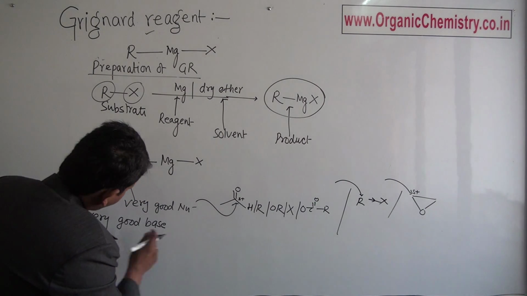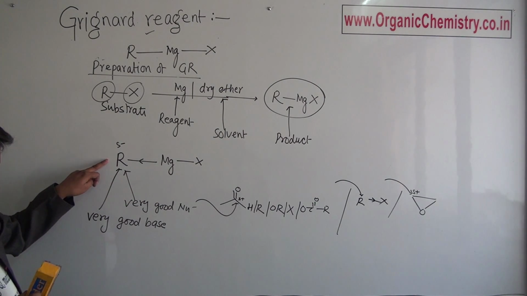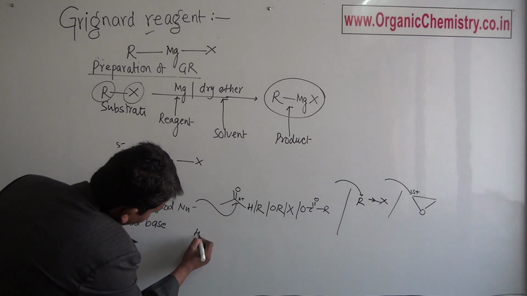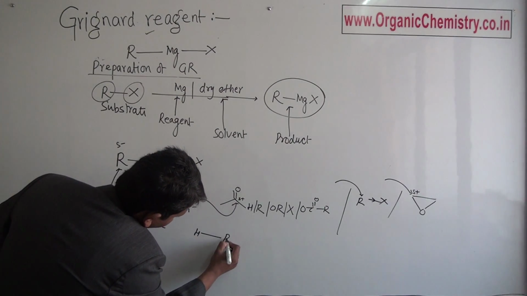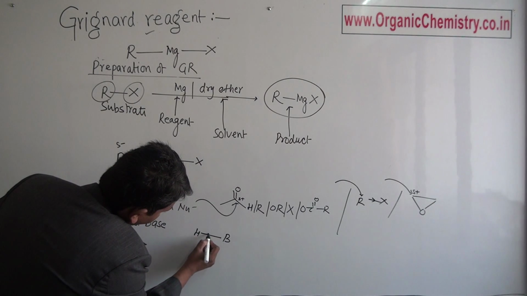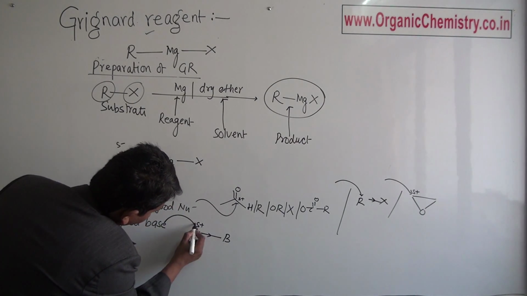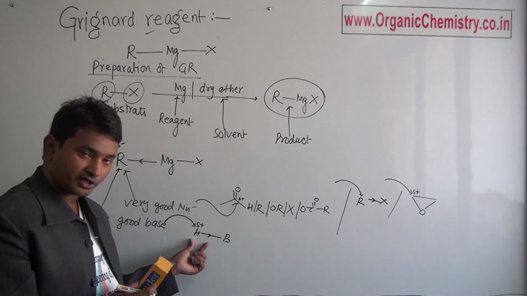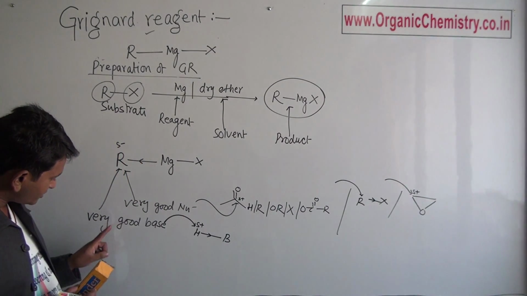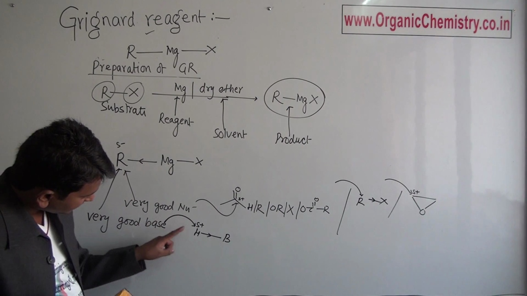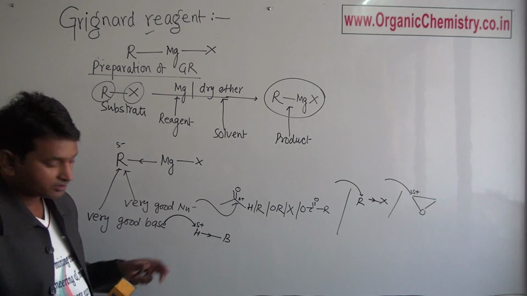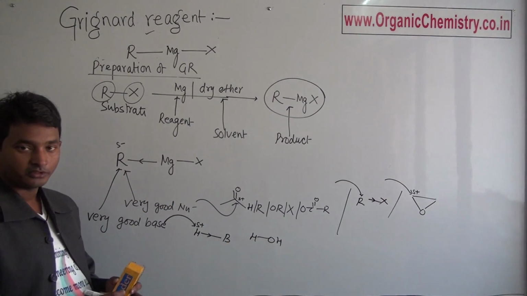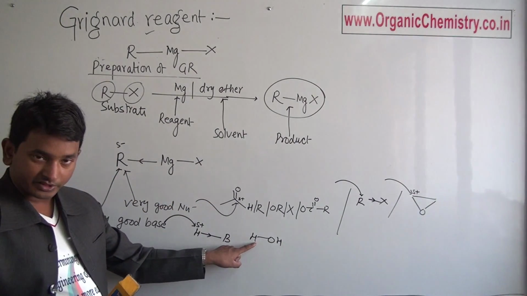Now this alkyl part of RMgX is also a very good base. So it can attack over this acidic hydrogen. This is the basic part, this is the acidic part. So it is also a good base, so it can easily attack over the proton. So we cannot use water, because water has acidic hydrogen.